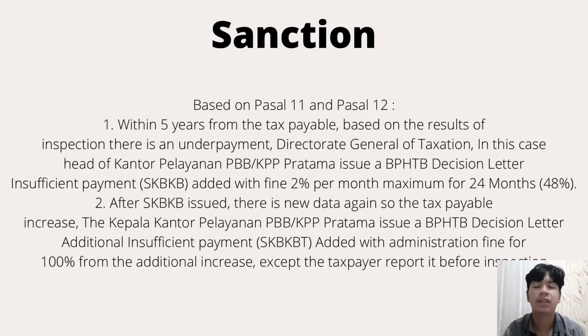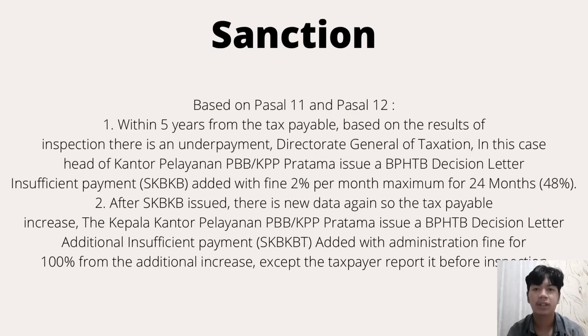Next are the sanctions. Based on Pasal 11 and Pasal 12, within 5 years from the tax payable, if the results of the inspection show there is underpayment, the Directorate General of Taxation, in this case the head of Kantor Pelayanan PBB or KPP Pratama, will issue a BPHTB decision letter of insufficient payment or SKBKB, added with a fine of 2% per month, maximum for 24 months.